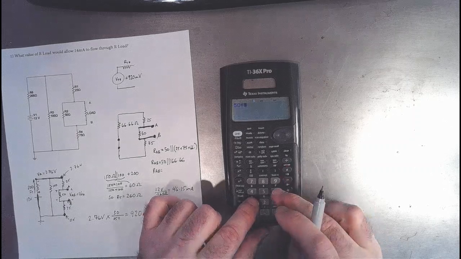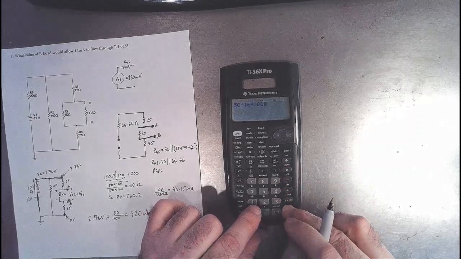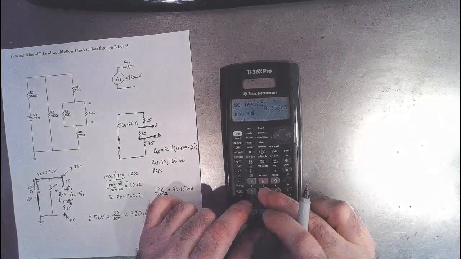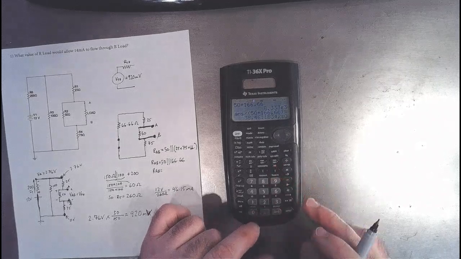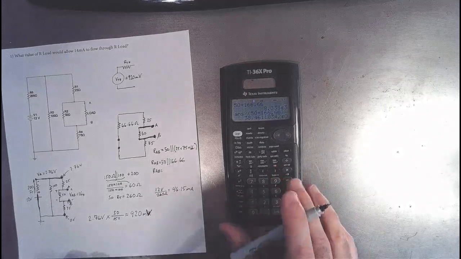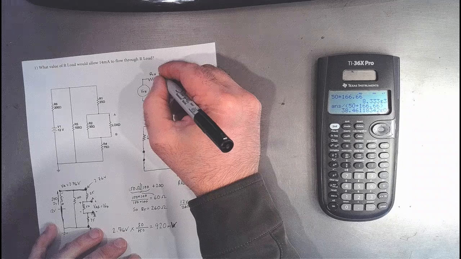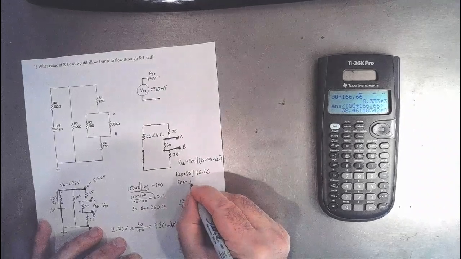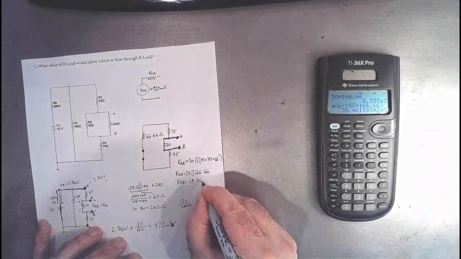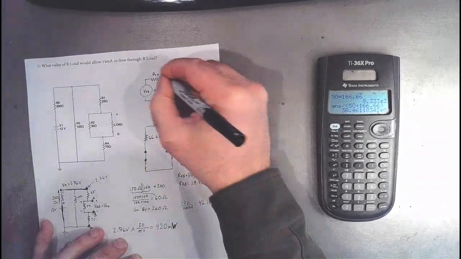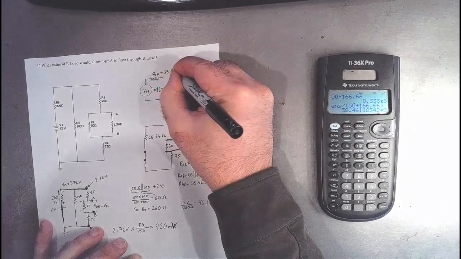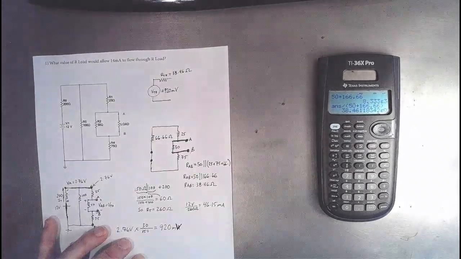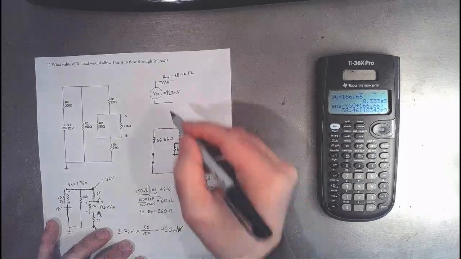So 50 times 166.66 divided by 50 plus 166.66. So it's 38.46 ohms. There it is. So our R Thevenin is 38.46 ohms.